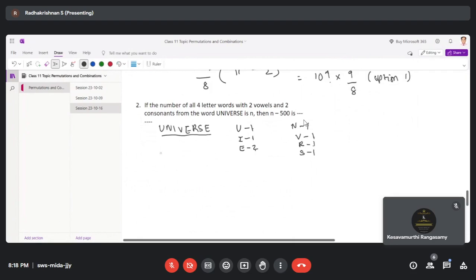Okay. Now we have to pick up 2 vowels and 2 consonants. In how many ways can we pick two vowels here?